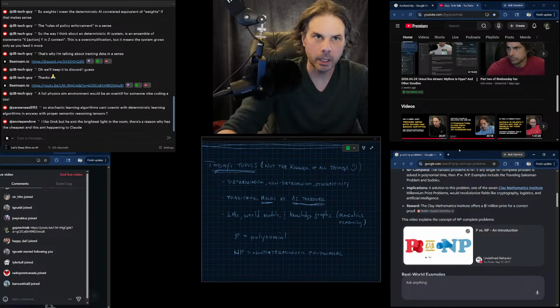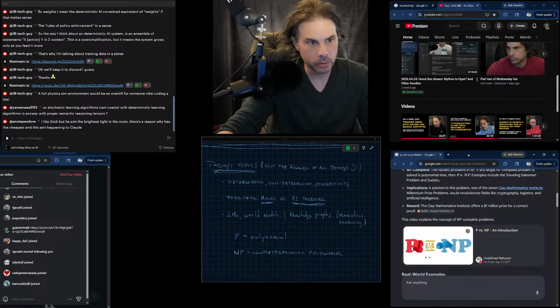This gets back to what Yann LeCun is talking about, that language models don't understand how the world works, right? I mean, he's right. This is an example of how the world works. But again, you don't need a world model for this. All you need is a semantic reasoner.